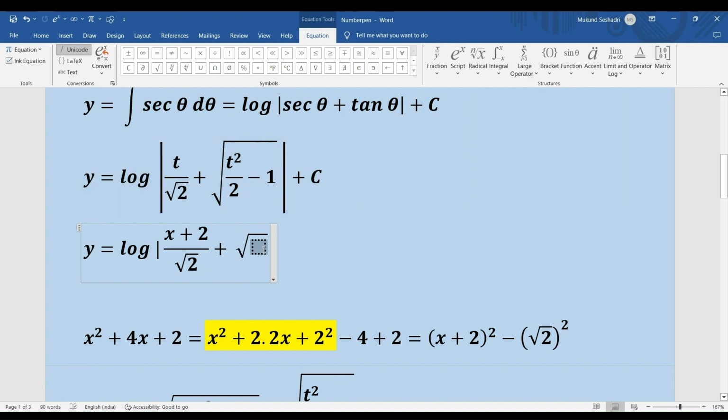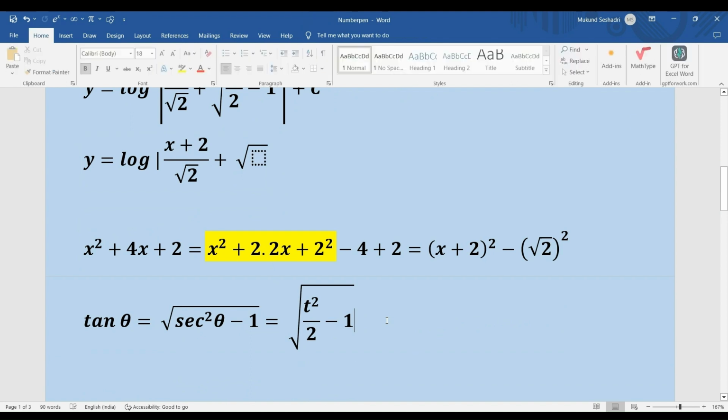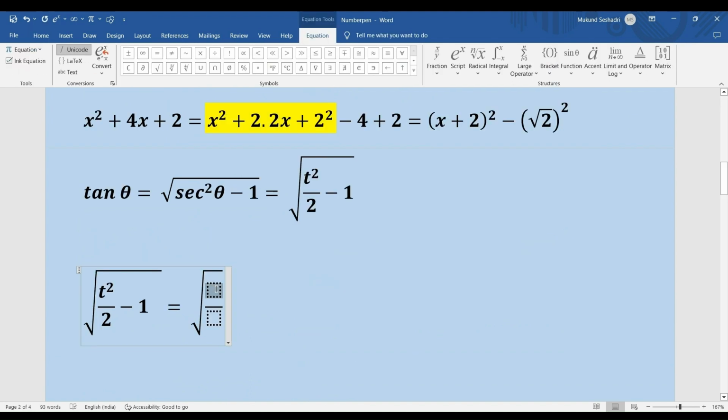So t square by 2 is nothing but x plus 2 the whole square by 2 minus 1. So let's not make this portion of the screen clumsy. I'm going to go down and resolve this again for us. My t square becomes x plus 2 the whole square, which is nothing but x square plus 4x plus 4, right?